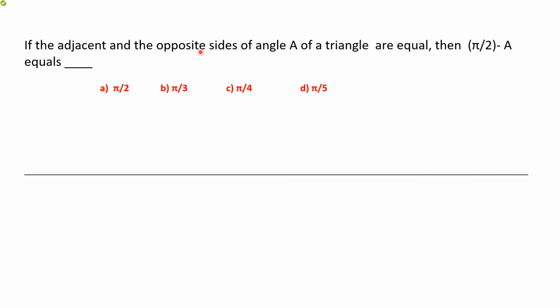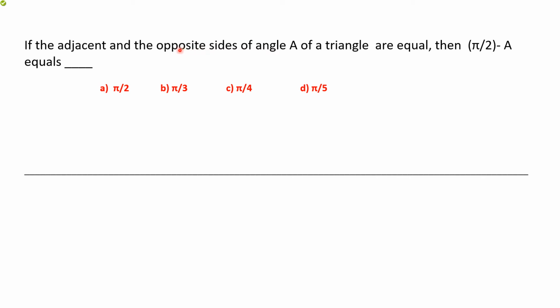If that angle is 90 degrees, then the hypotenuse will not be one of the two sides that are equal, because it cannot equal one side, because the hypotenuse equals the square root of the sum of the squares of the other two sides. So these two sides must not be the hypotenuse.